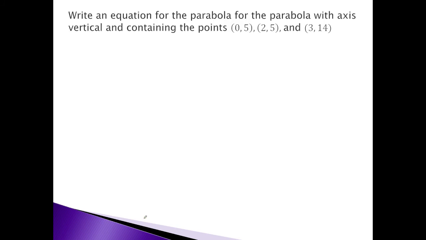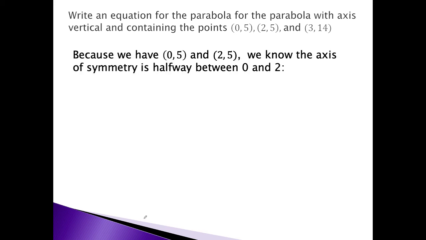Write an equation for the parabola with the axis vertical containing the points 0, 5, 2, 5, and 3, 14. Because we have 0, 5, and 2, 5, we know the axis of symmetry is halfway between 0 and 2, which tells us the axis of symmetry is 1, which also tells us that h equals 1.